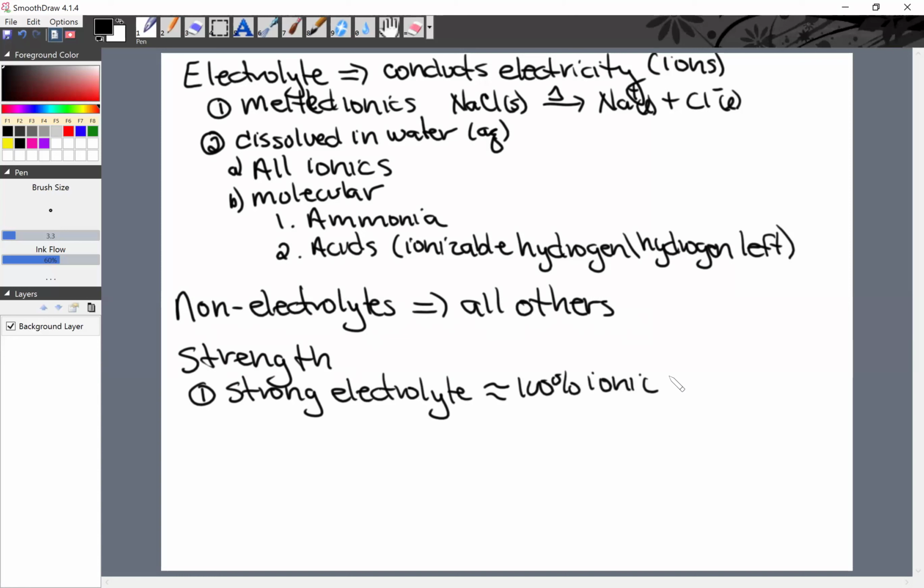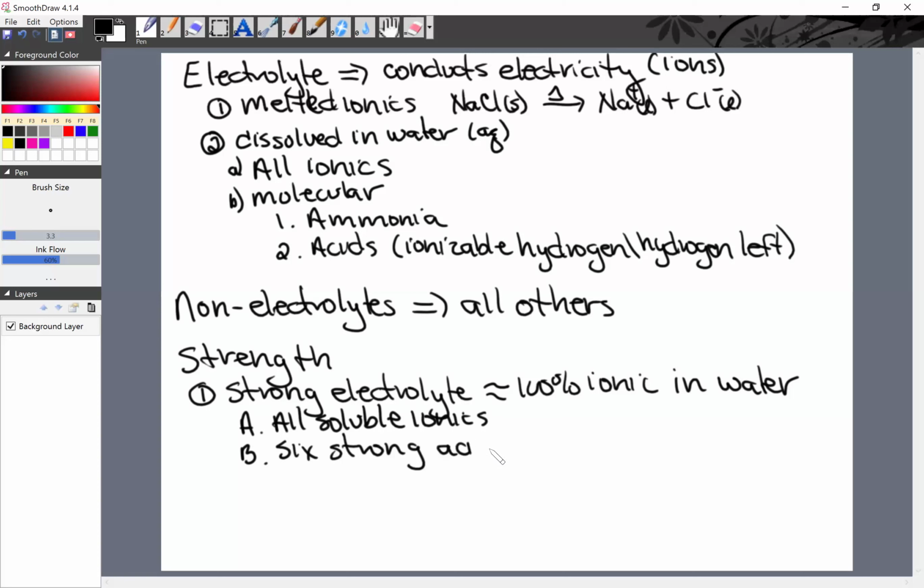And we're not talking about melted ions, so I'm going to say 100% ionic in water. Oh, well, which ones are those? A, all soluble ionics, and B, the 6 strong acids.